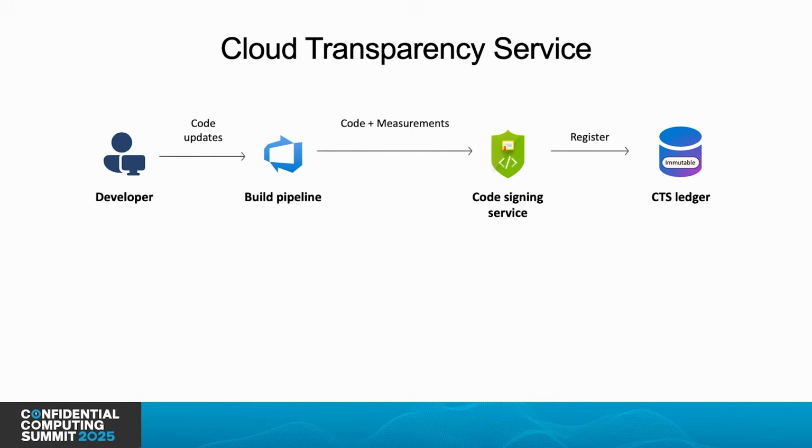So it connects with CTS, but CTS doesn't just allow anything to be updated on it. It performs a bunch of policy enforcements. For example, the first one would be identity verification. It will ensure that only a valid identity of an issuer, or in this case, a service owner, is allowed to update the ledger. But even if it meets the identity requirements, it will perform a check for the content being updated.